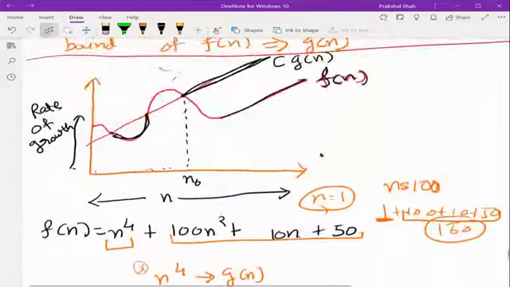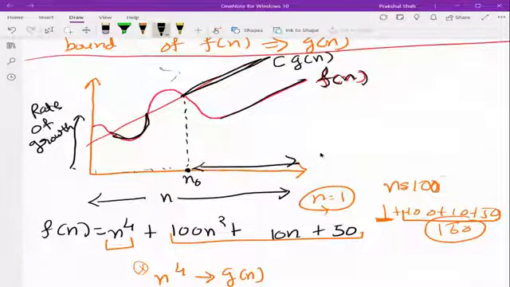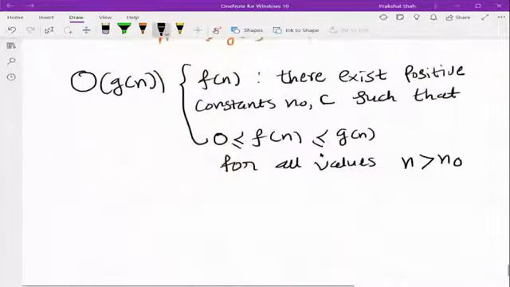You need to find the point after which your solution would be valid, because for n equals 1 this might not hold. So we need to find this n naught and the c. This is what we have derived: f of n should be less than or equal to g of n for all n greater than n0.